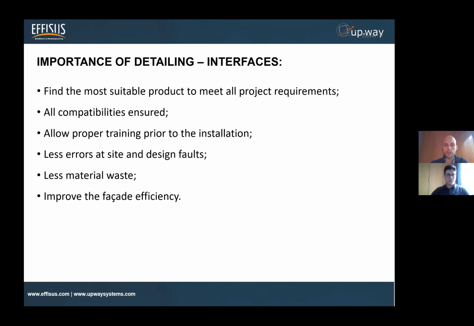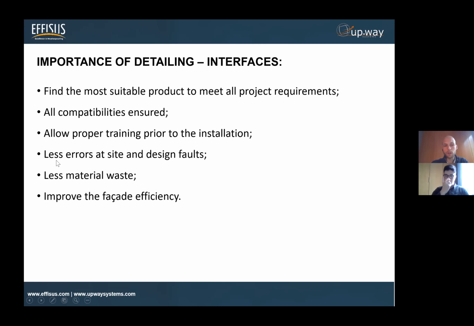And of course, ensuring all compatibilities and allowing the possibility of delivering proper training prior to installation, which means that if you have information before the project starts installing, you are able to use that information in your favor to develop guidelines and instructions for the site.